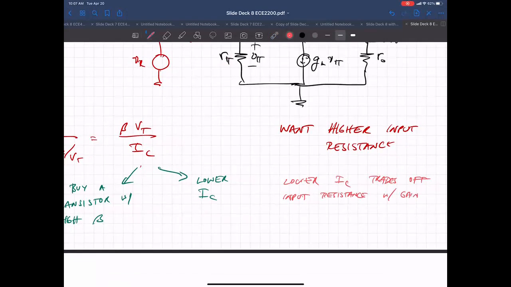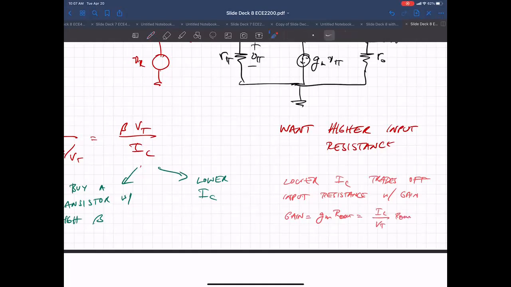Remember, gain in the small signal domain was G sub M times R sub C, or R out, and G sub M was I sub C over V sub T.